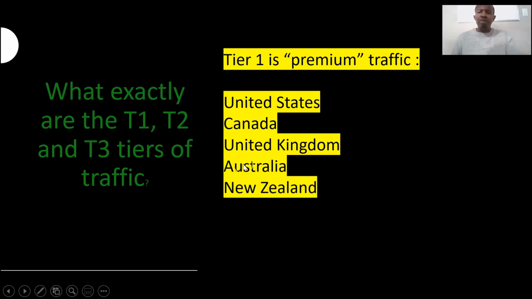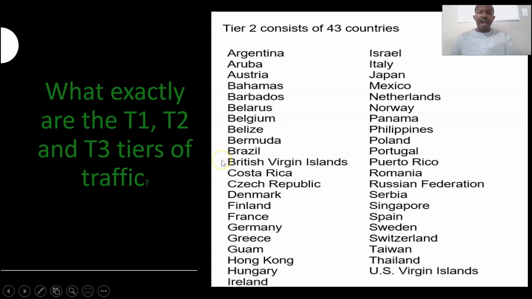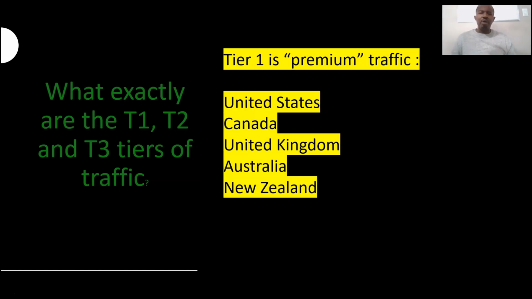Those people have the money power to buy your product. So you want to make sure that your solo ad provider's tier 1 traffic is at least 75 percent, 75 and up. It's very important to make sure of that.